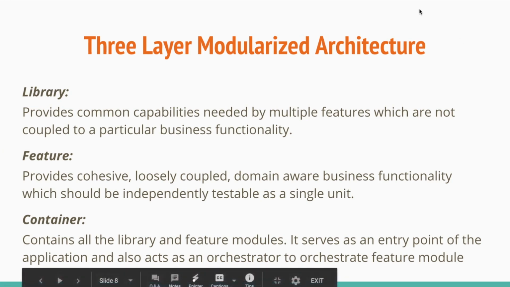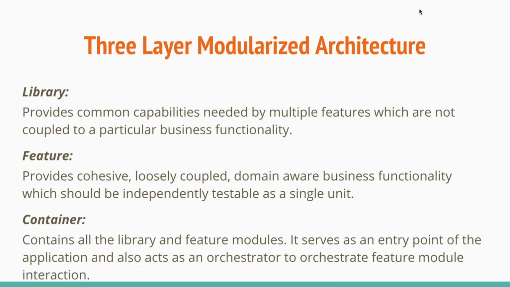The second one is the feature module. A feature module provides cohesive, loosely coupled, domain-aware business functionality, which should be independently testable as a single unit. For an example of feature modules, let's say that we are building a flight ticket booking application. In that case, the feature modules would be something like My Trips, which takes responsibility for providing and managing the trips which the user has booked.